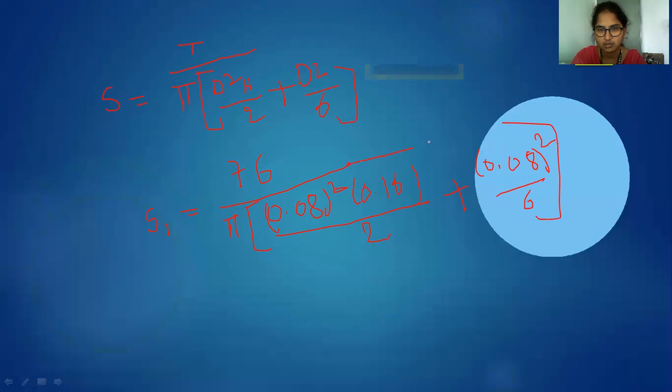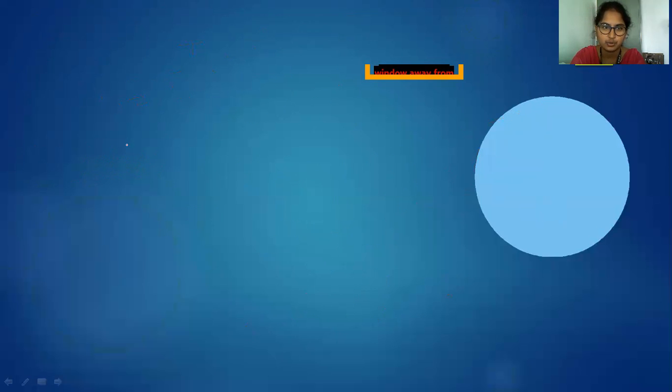Okay, so now calculate. S1 is equal to 40.5 kilonewton per meter square. Okay guys, next you can calculate S2.